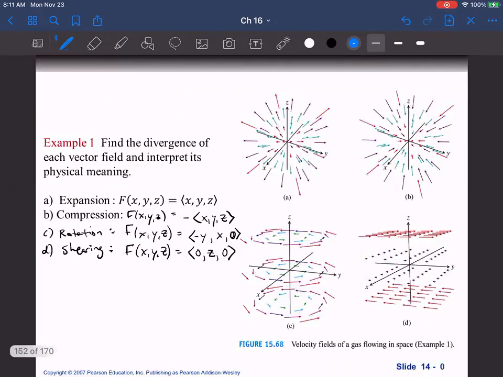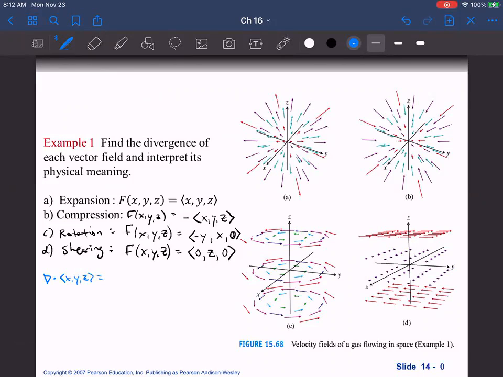Here are a few of them we can do. I'll do the first one just as a quick example, but we would do del dot x, y, z in our component form.